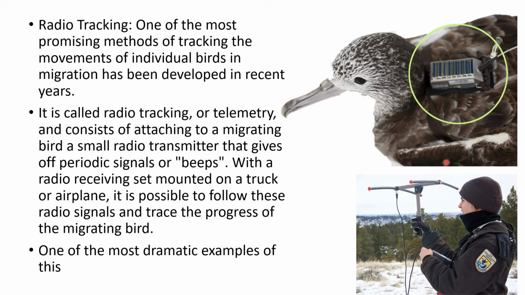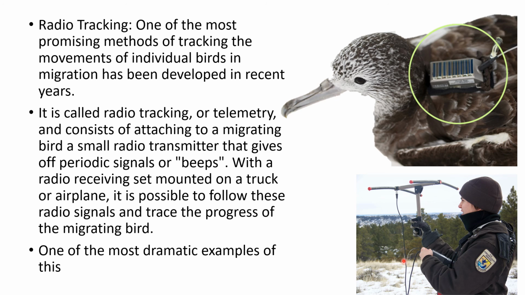It is called radio tracking or radio telemetry and consists of attaching to a migratory bird a small radio transmitter, as you can see here in this photograph. A small radio transmitter is attached to the back of the bird, with the radio receiving set mounted on a truck or aeroplane. It is possible to follow these radio signals and trace the progress of the migrating birds.